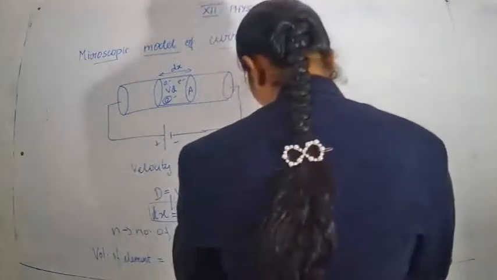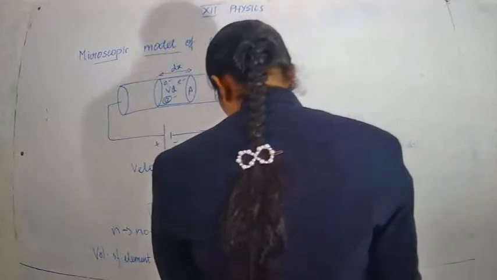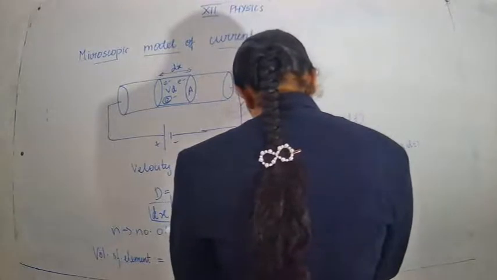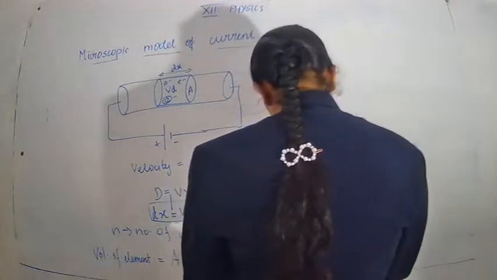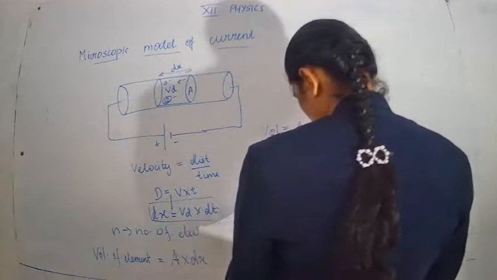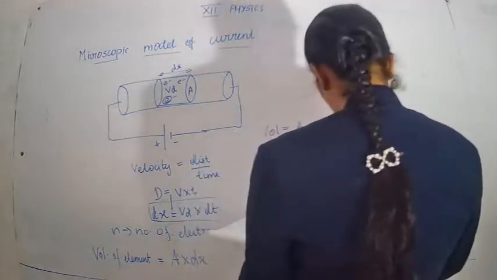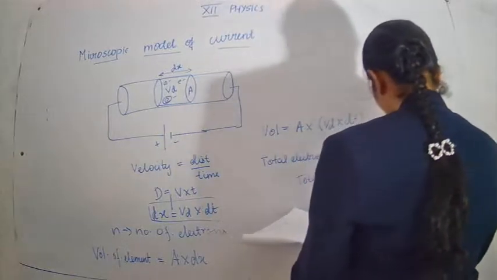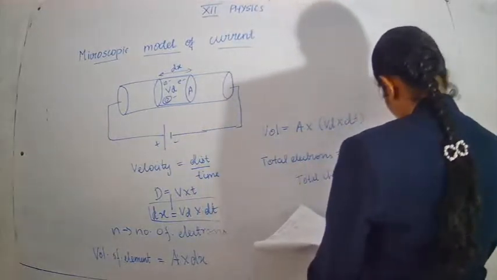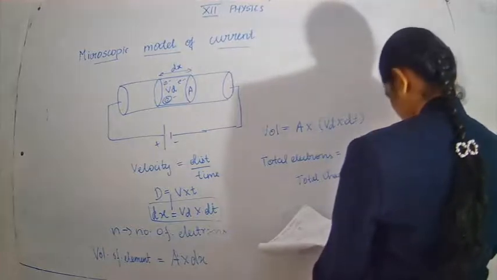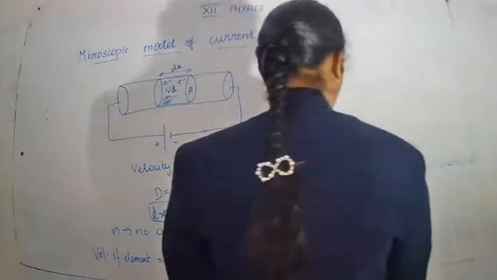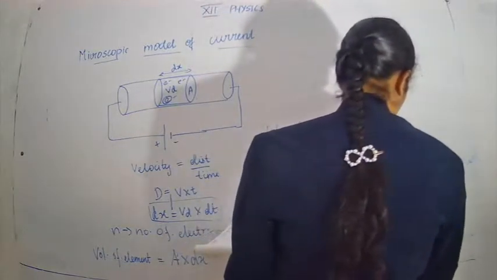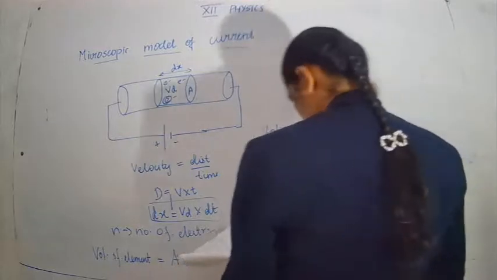Now, the total charge is equal to number of electrons into charge e. So write it n into A into Vd into dt into e.